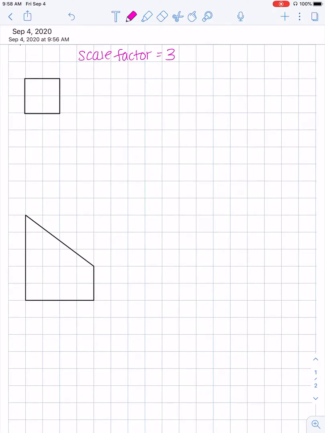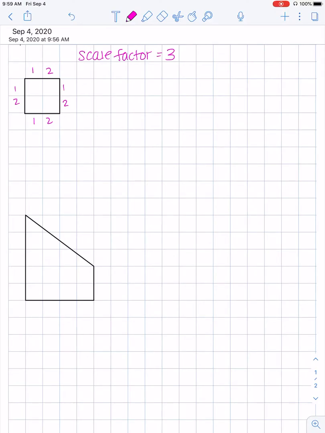The first thing I want to do is find out how long the original lengths are. So I'm going to start at the top, 1, 2, side, 1, 2, 1, 2. The nice thing is this is a square, so all of the sides are the same. So I have a square with side 2, and I need a new square that's 3 times as big.